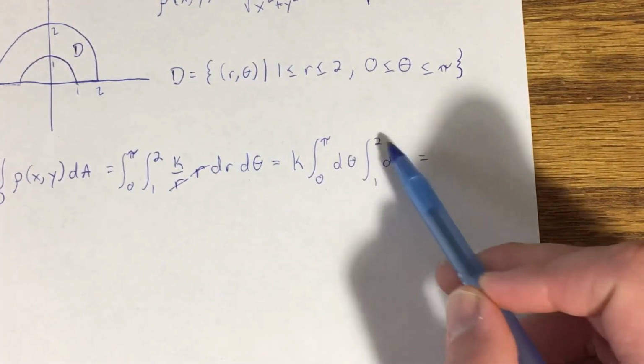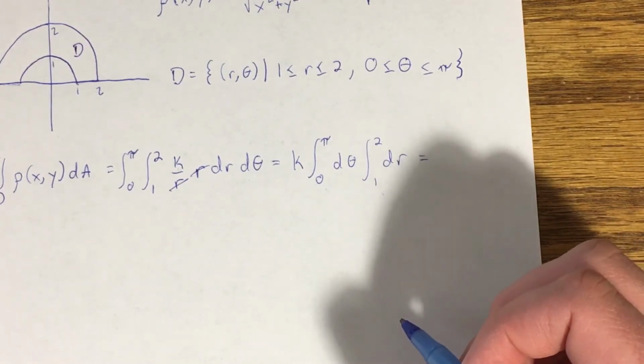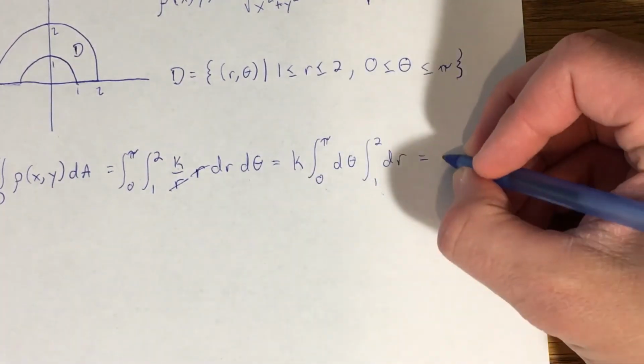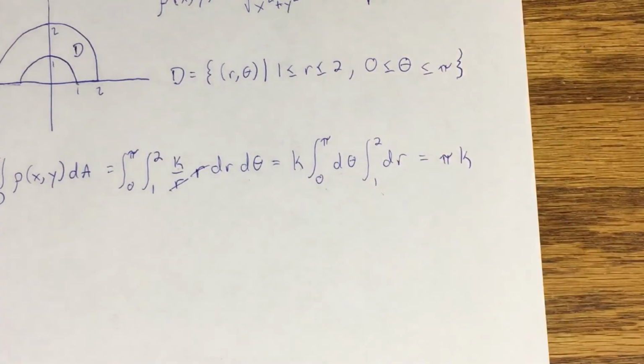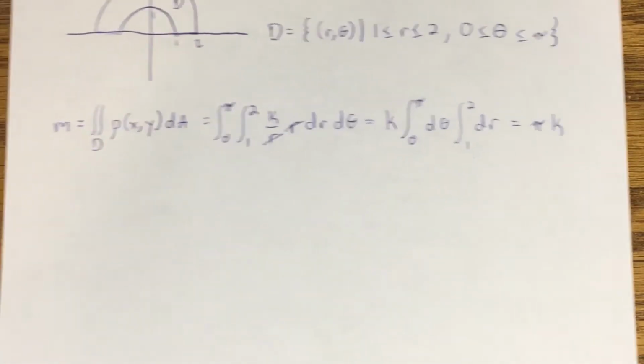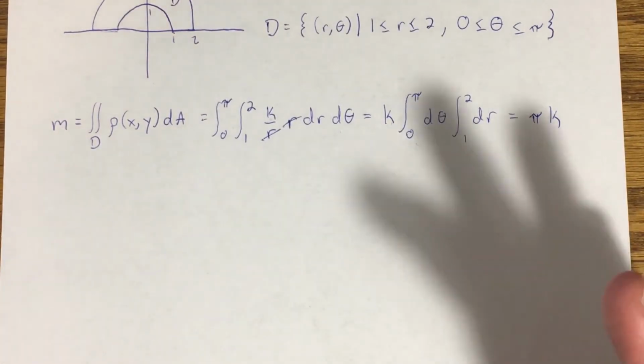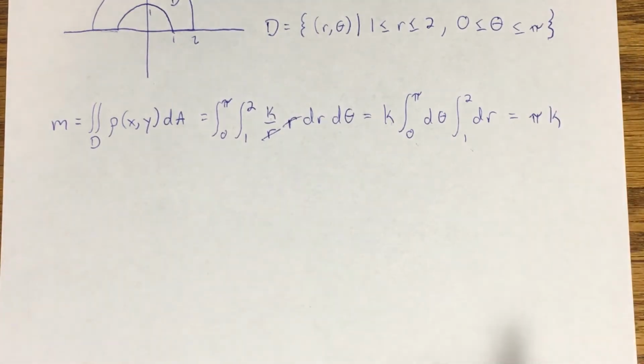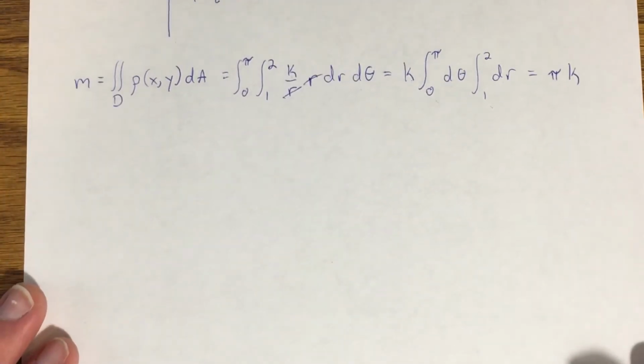So this becomes pi, and this becomes 1. So my integral just becomes k times pi times 1, or pi k. See how much better that is with polar coordinates. If you want to have some fun, try it in rectangular coordinates and just see what that looks like. It's kind of a mess.